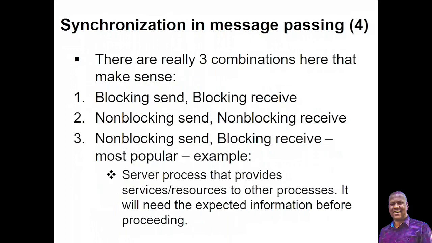There's also non-blocking send and blocking receive, and we can also have blocking send and non-blocking receive. For the third one, non-blocking send, blocking receive, an example is a server process that provides resources to other processes. It will need the expected information before proceeding.